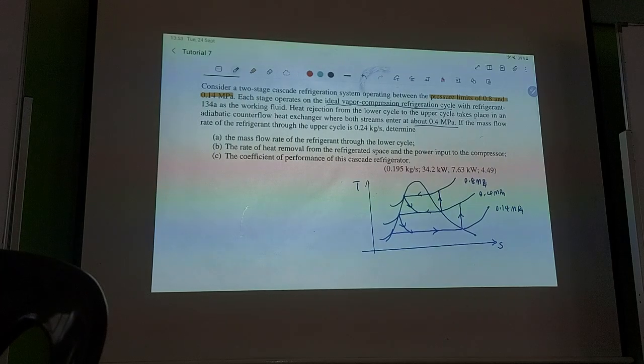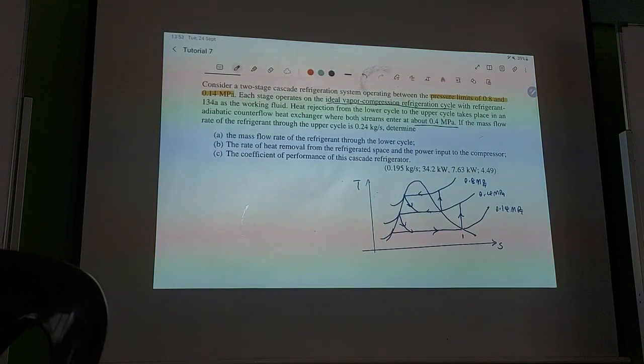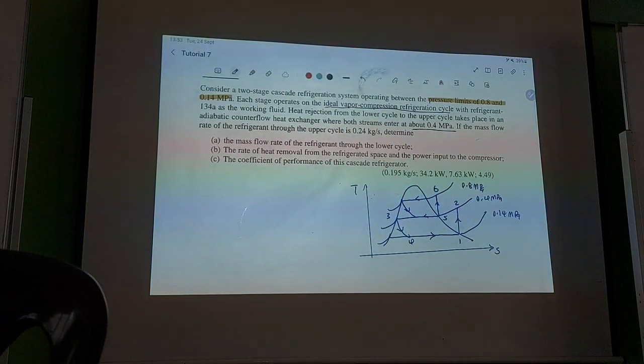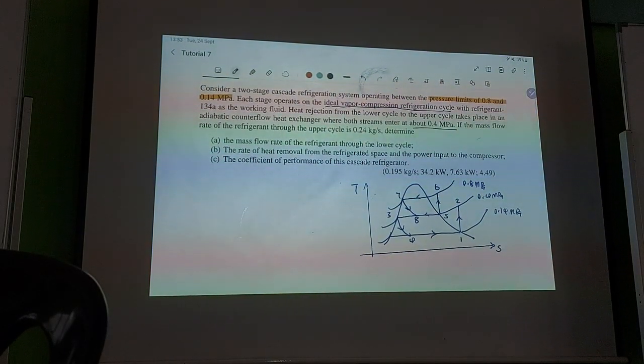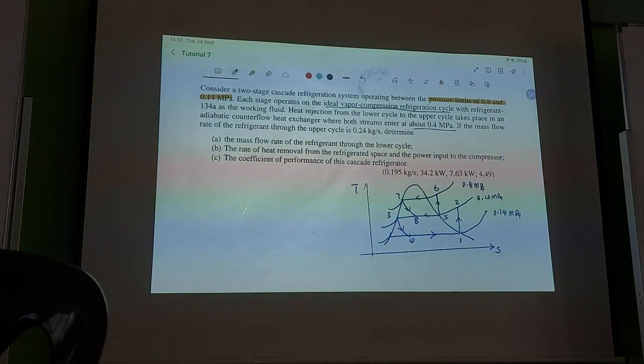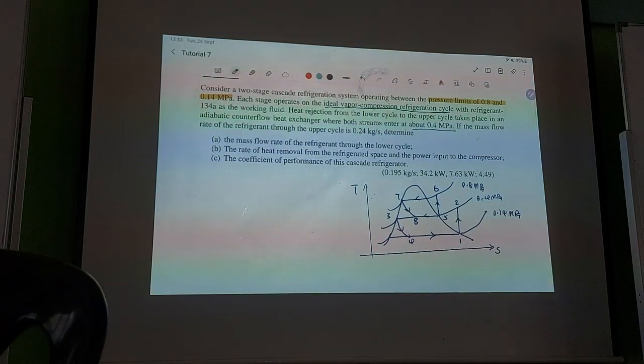Now how do you want to label? If the question doesn't give you any number, you can label any way you like, and I will mark accordingly. But if the question gives you the number, because sometimes I give, and the number is not exactly the same as what you learned in class, please follow it. Don't give your own number, because it will be confusing.